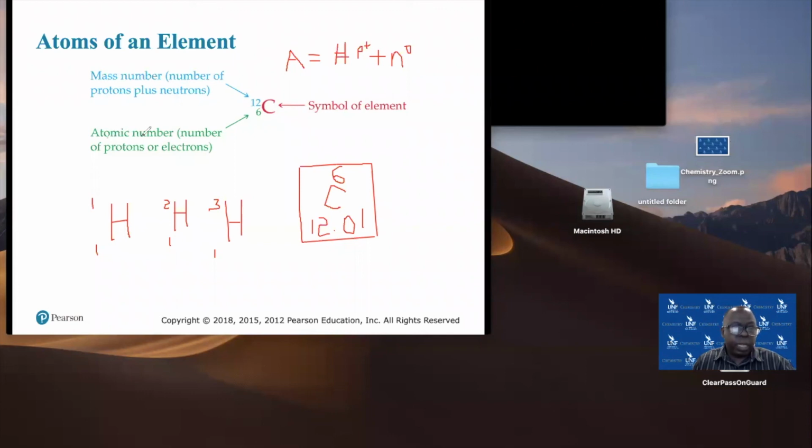Remember what we said earlier on? The atomic number is the number of protons. So why is the mass number here different? Because the number of protons is the same as the atomic number, the only difference is the number of neutrons.